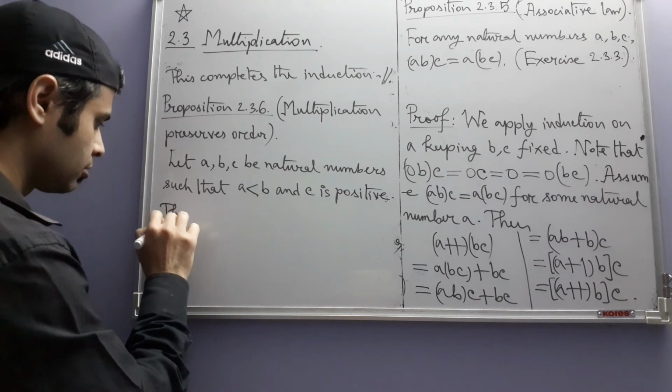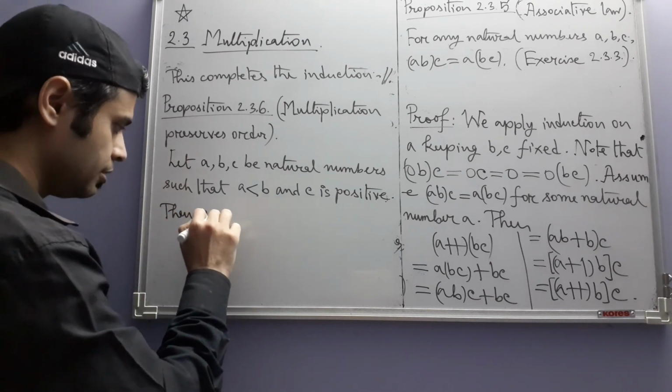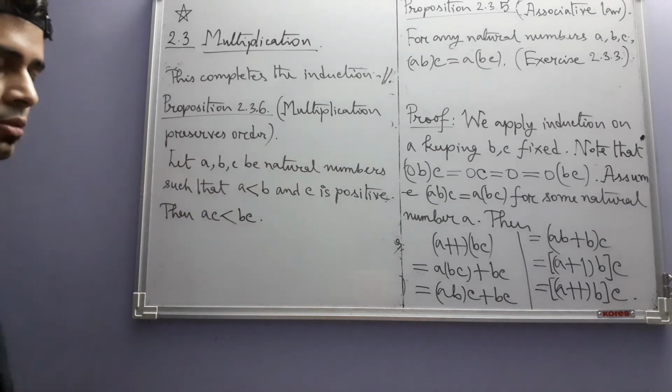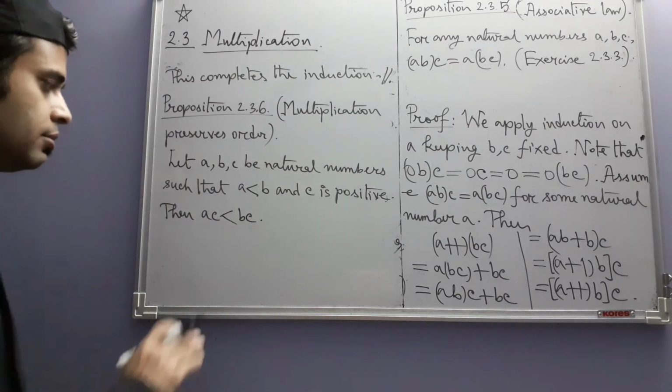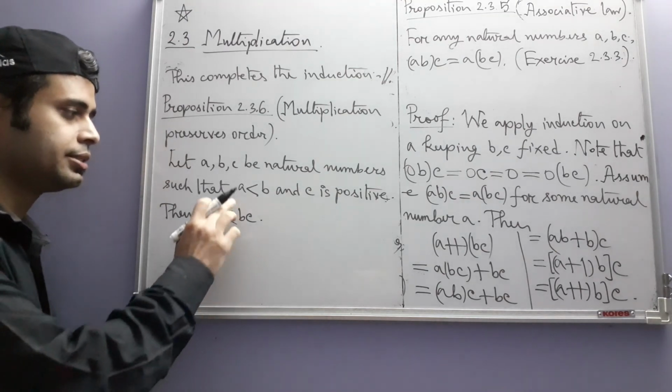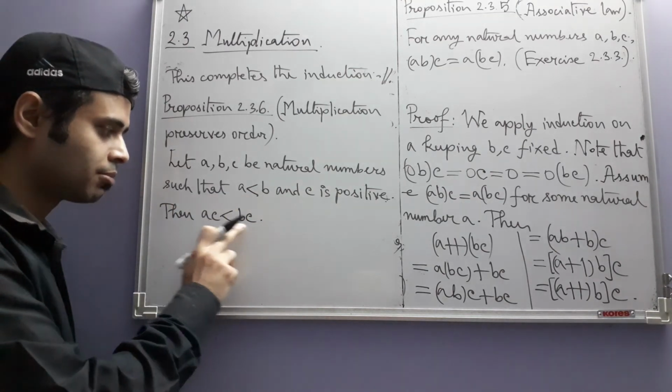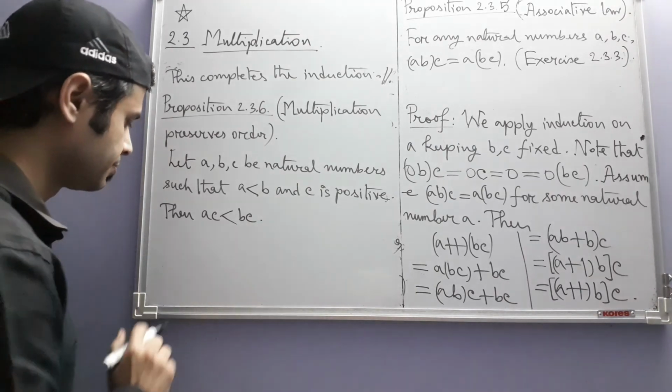Then AC is strictly less than BC. That's what we mean by preserving order. That is, the direction of the order does not change upon multiplying by C.